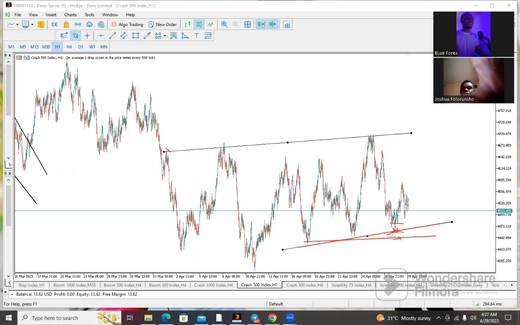So you see, if this is a support area, and another support area will be at this place, I could enter the trade from this place. But the reason why I gave the trade over here is that we have something we call a head and shoulder.